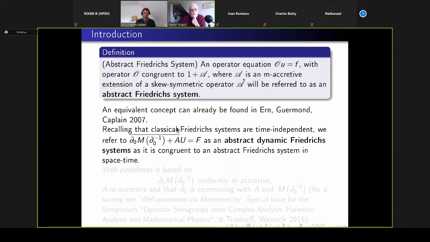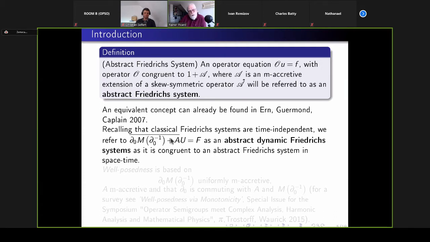If you recall, the classical Friedrichs system setup is always time independent. There's no time involved. So we're suggesting to take this type of operator equation. I put an extra closure bar here because that's what's needed to get a proper solution theory, to call this an abstract dynamic Friedrichs system.